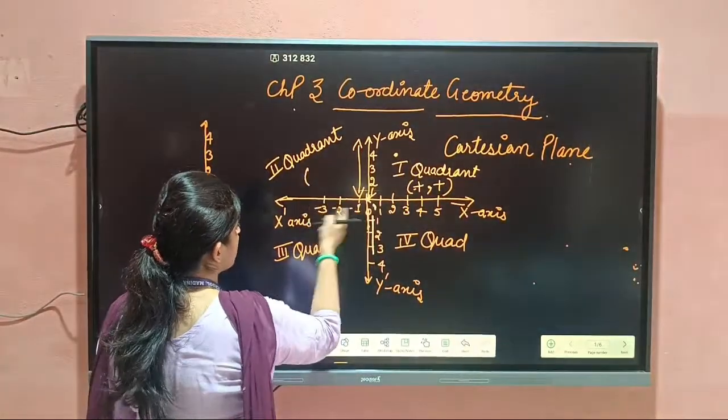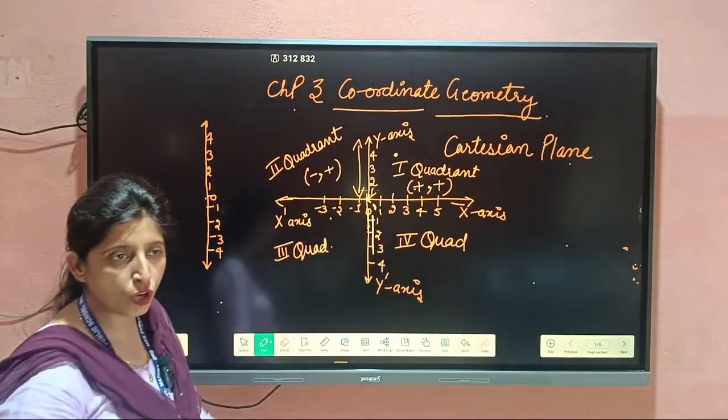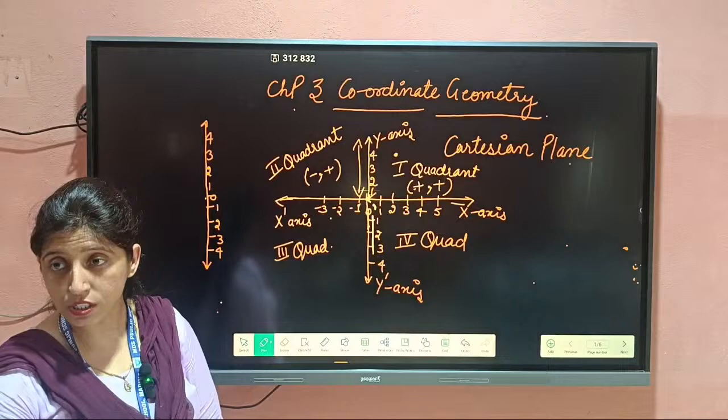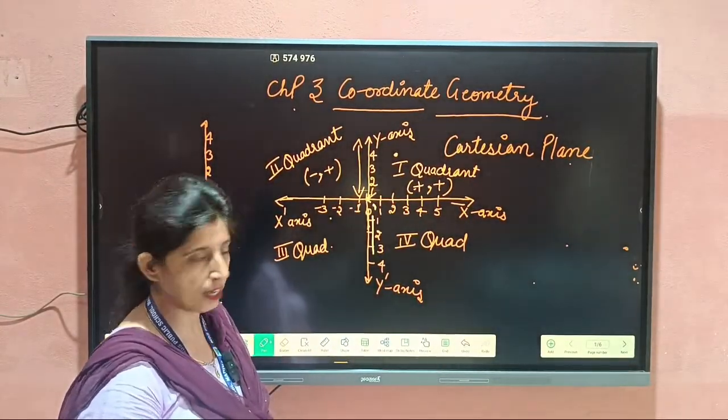So our coordinates will be negative and positive, means minus plus, right? In this way coordinates will come on this side.